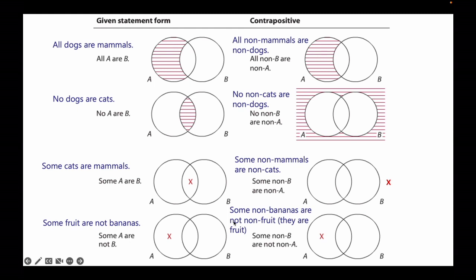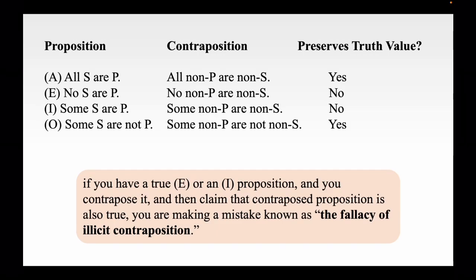Remember? Double negative, so it means they are fruit. Okay, that's exactly what I'm saying when I say that some fruit are not bananas. And voila! I can say a lot more about the 3 logical operations.